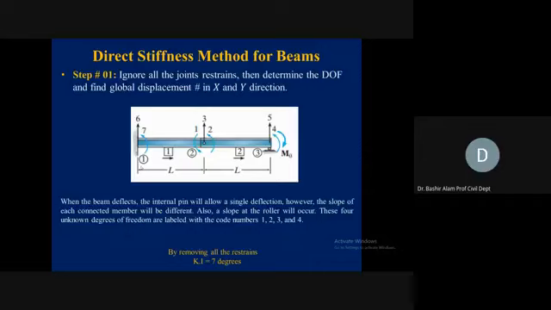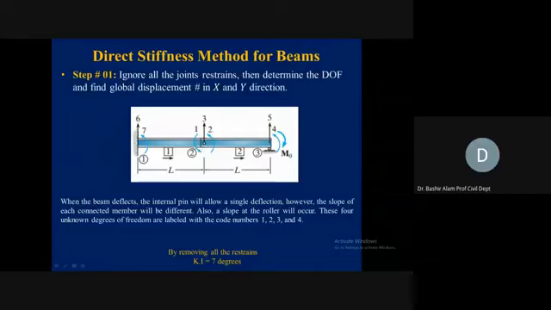First, we label the joints: 1, 2 and 3. The circles are the node numbers and the squares are the element numbers. Then we have the joint displacements. For the free joint displacements we start from the pin.